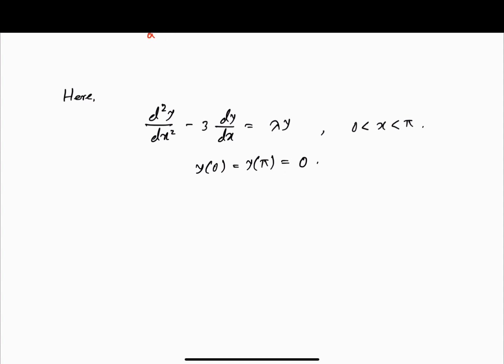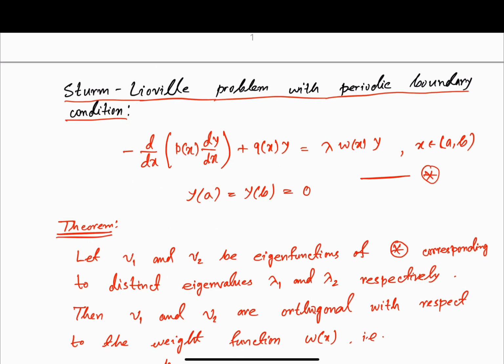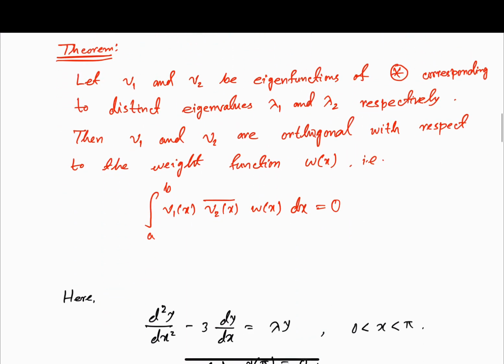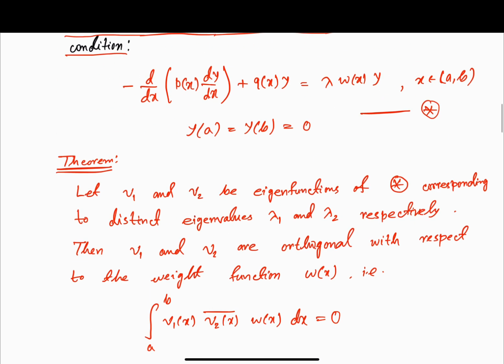So you want to write this problem in this form, right? We can do it the other way: write the general form and then compare. This will be easier. Let's do this.